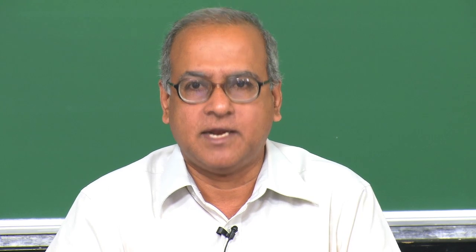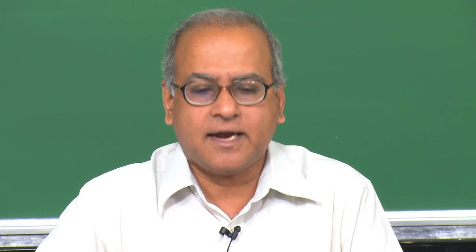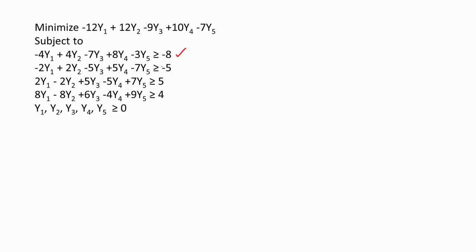So, the first observation that we have is, the first constraint of the dual has a minus 8 in the right hand side. So, we try to bring it to a plus 8 by multiplying this constraint with a minus 1, so that the right hand side value is positive. Second observation that we have is, these two constraints are similar.